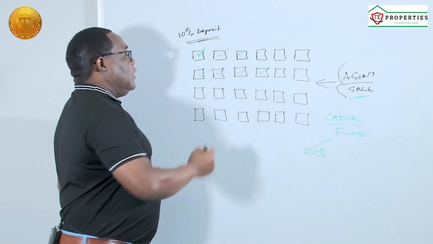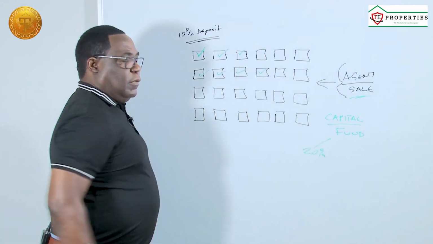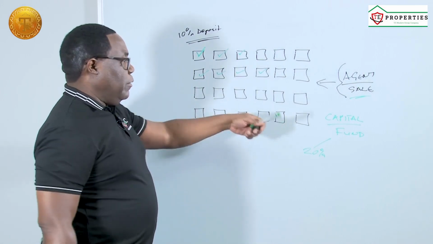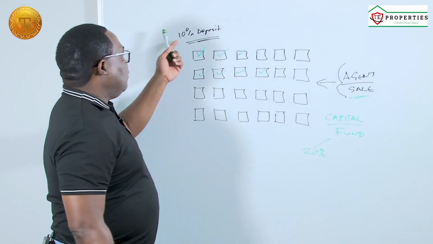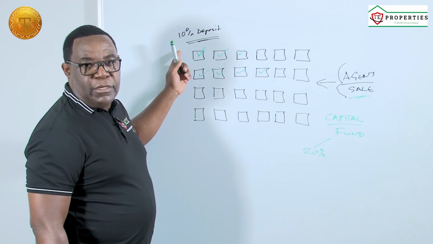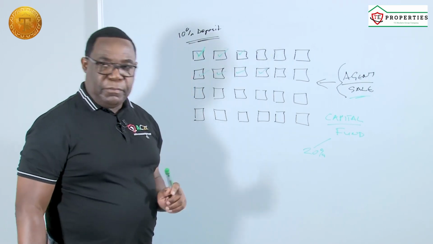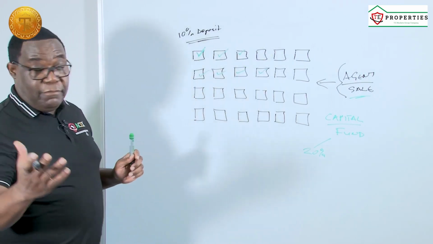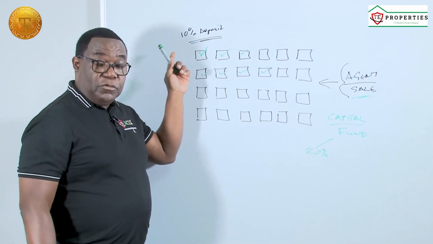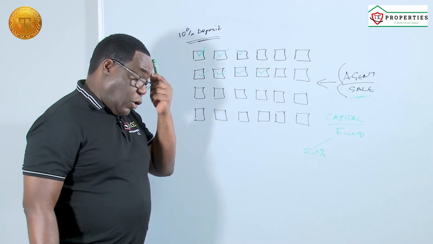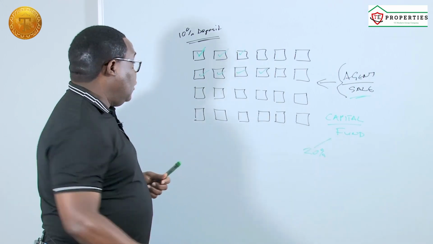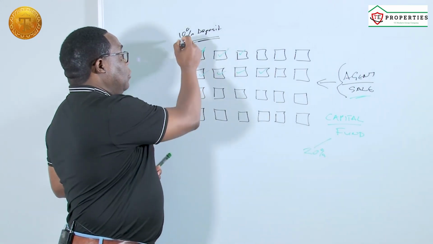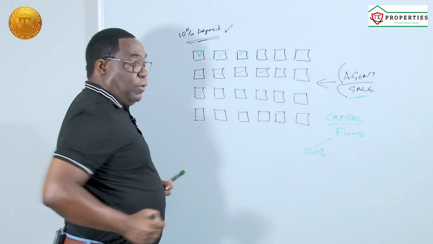So they'll be looking for investors that are going to buy off plan to put up a minimum of 10%. You can actually put up 50%, 90% if you have it, but I'm only going to illustrate on 10%. So you are the investor, you go and secure that, you put in 10% deposit.